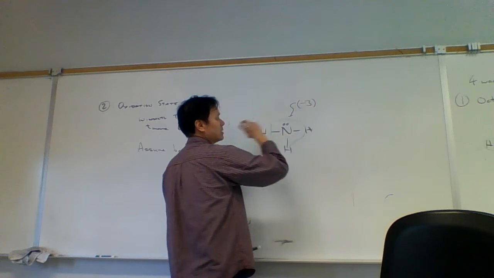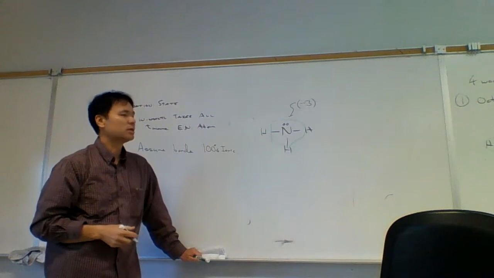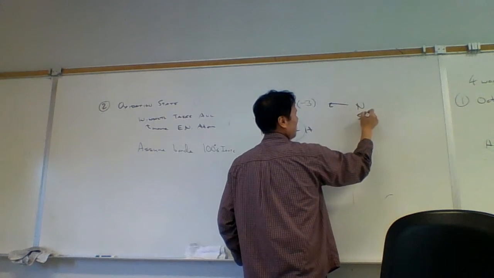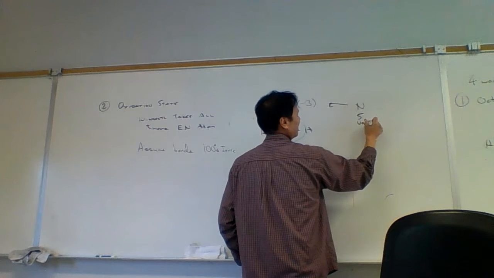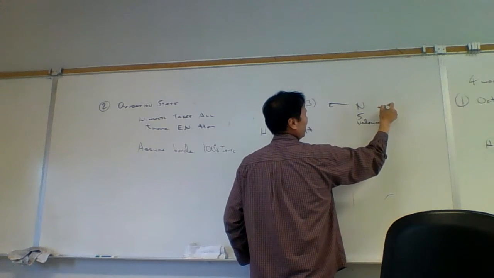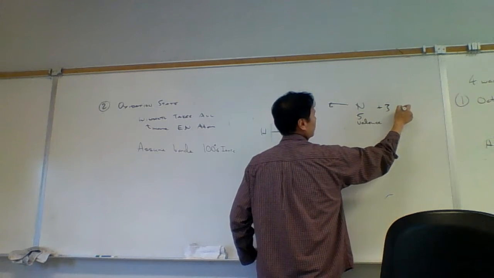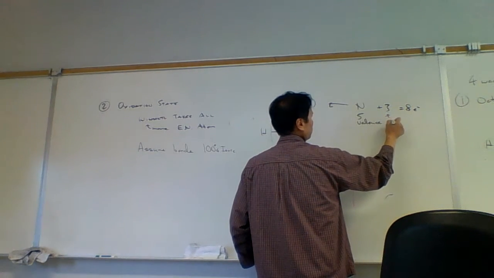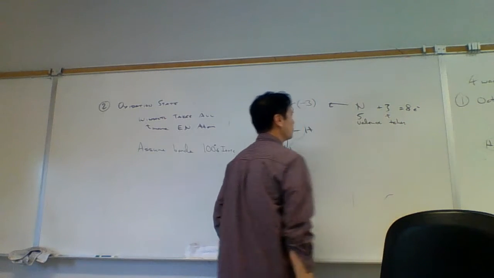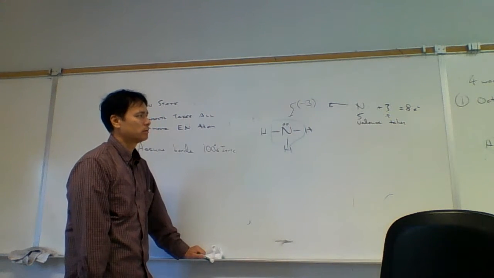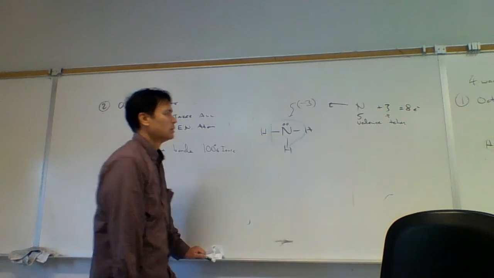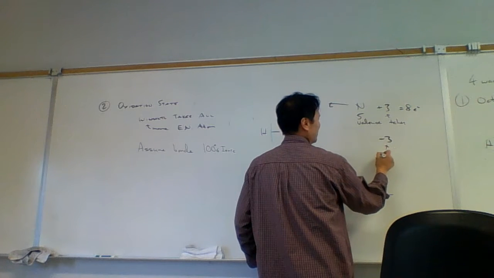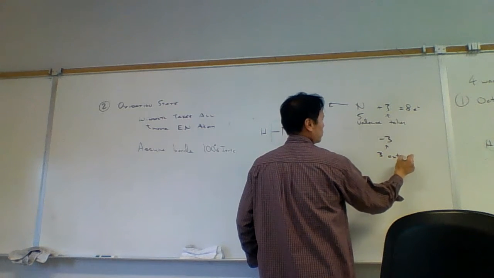I'll put that in parentheses here. Nitrogen has 5 valence electrons, and then it got an extra 3, which gave it 8 electrons. It takes 3 from the hydrogens. And so that means it ends up with a -3: 3 extra electrons, 3 extra negative charges.